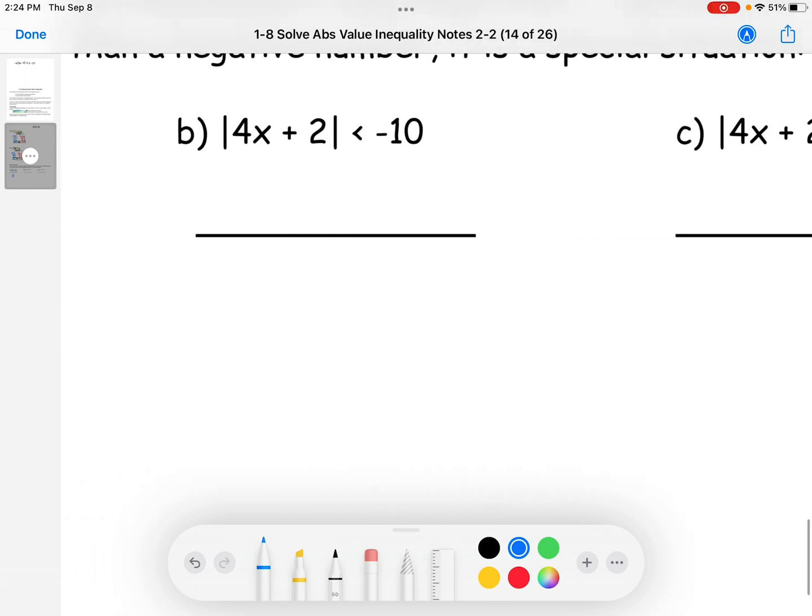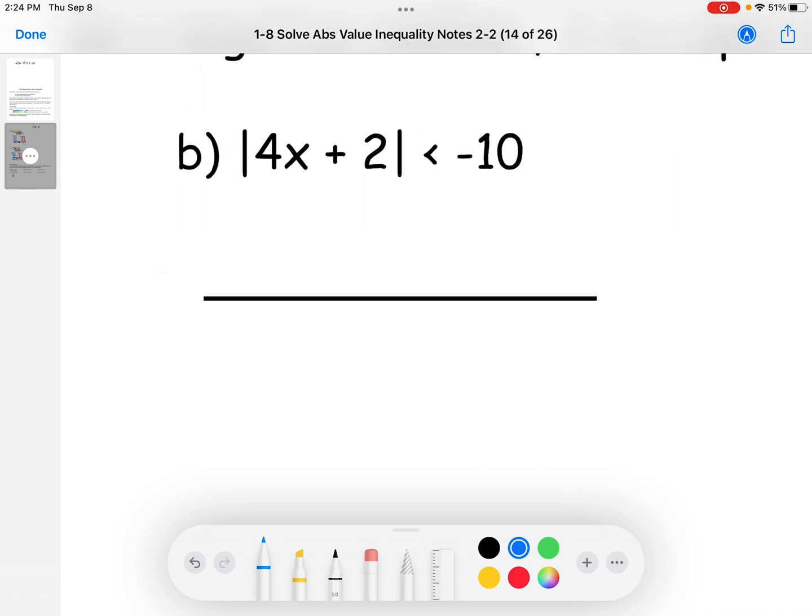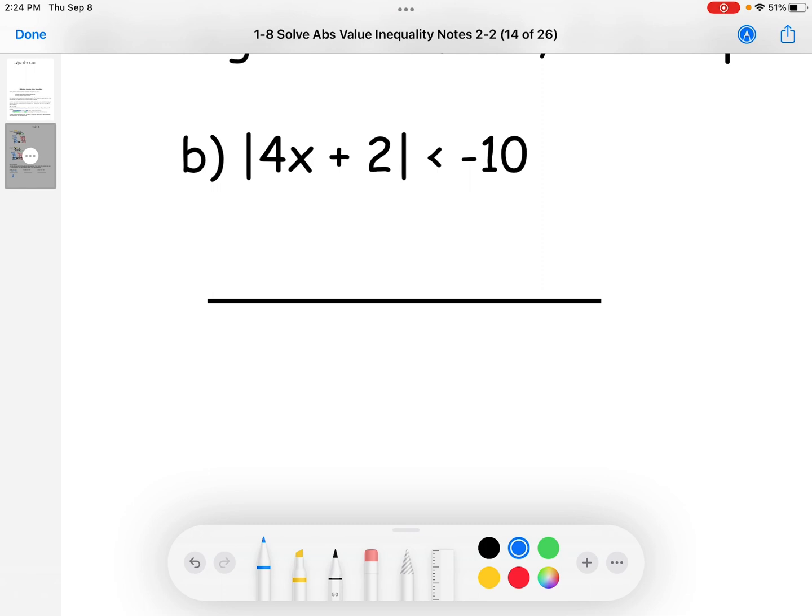Well, look at part B. Parts B and C are dealing with inequalities. They've got greater than and less than signs instead of equality. So on part B, we've got a positive number right here. Remember, your absolute value is a distance. It's not going to be negative. How is it possible that a positive is less than a negative number?